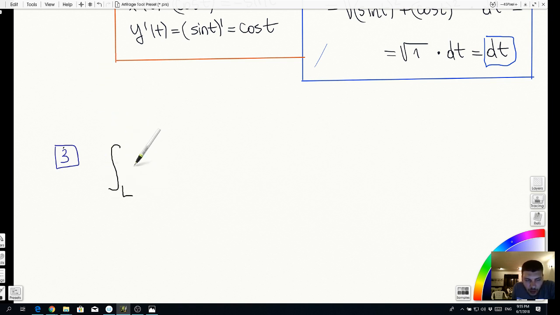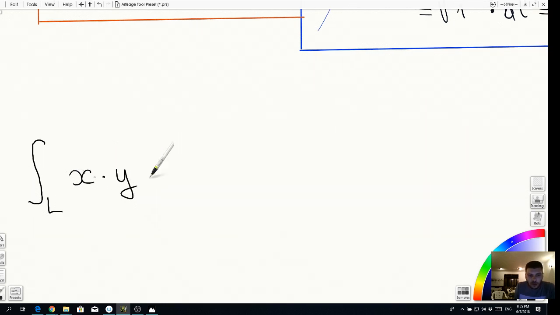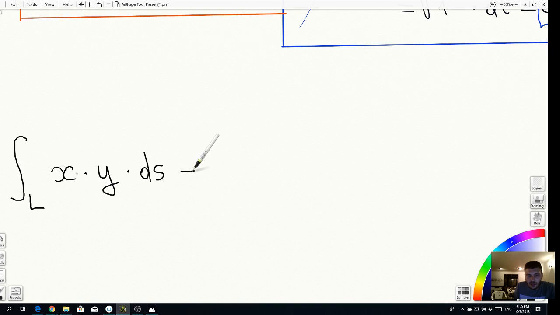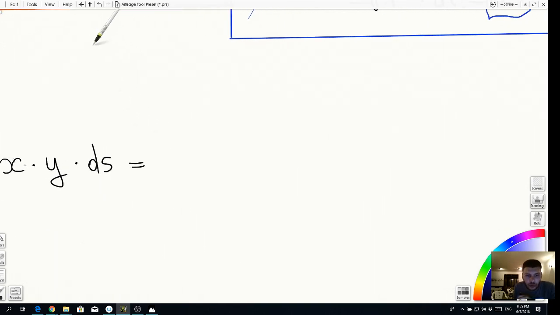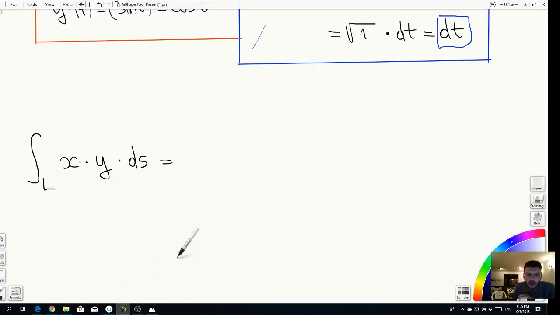Integral over curve L of x times y times ds is equal to ordinary integral from a to b.